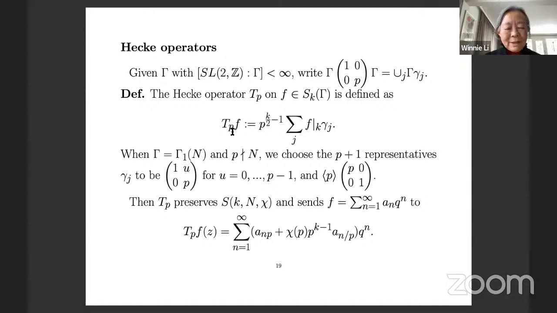And the effect of a Hecke operator on cusp forms of weight k, level n, character chi, reflected on its Fourier coefficients, is that the nth coefficient becomes a_{np} plus chi(p) times p^(k-1) times a_{n/p}.